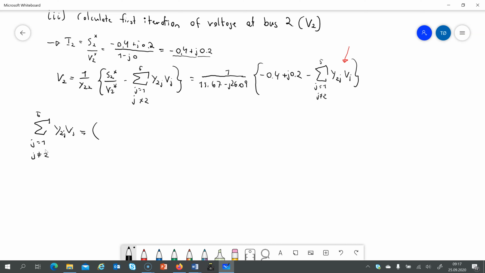Let's have those numbers. 3 plus 1 plus j0, flat start. Then the next one, 2, 3. 2, 2 is not there. Minus 4. 4, 1.